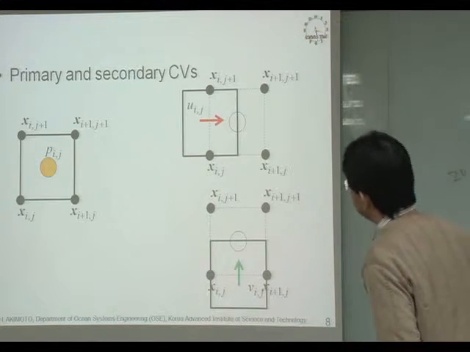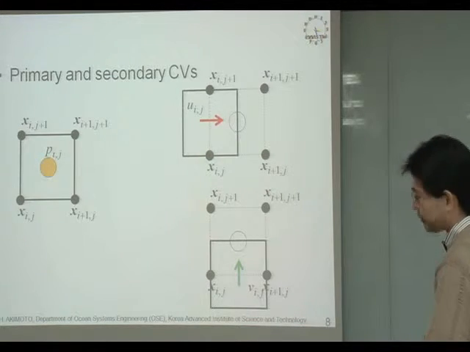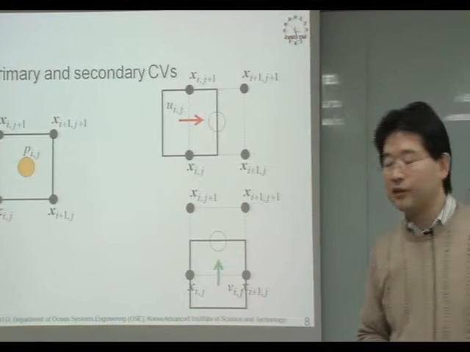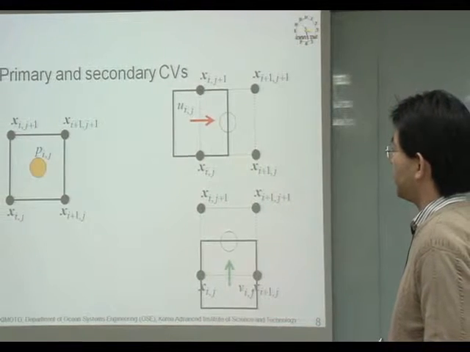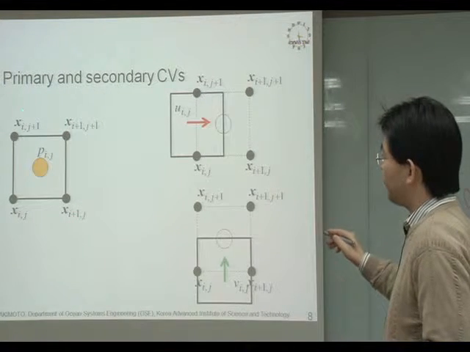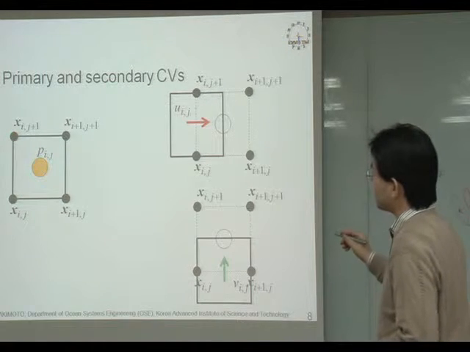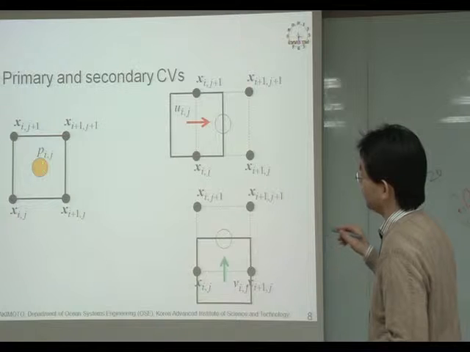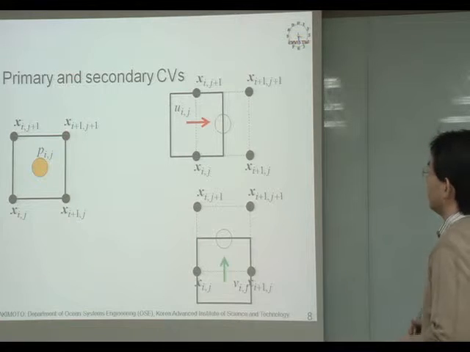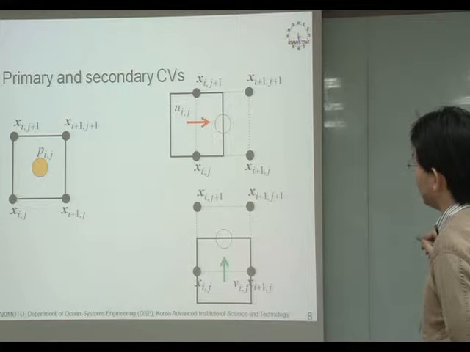The difficulty in using the staggered mesh will be like this. We have to consider different control volumes. The first one we call the primary control volume. It is defined as I showed you in the last slide. The secondary CVs are like this.